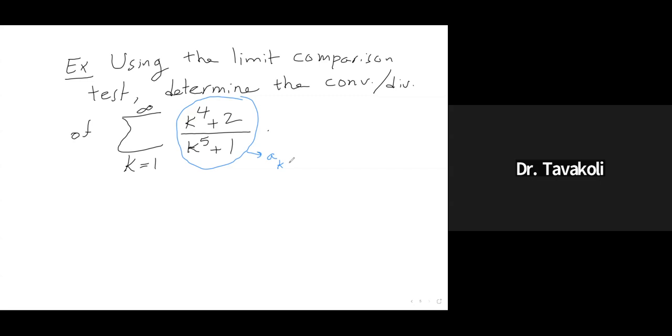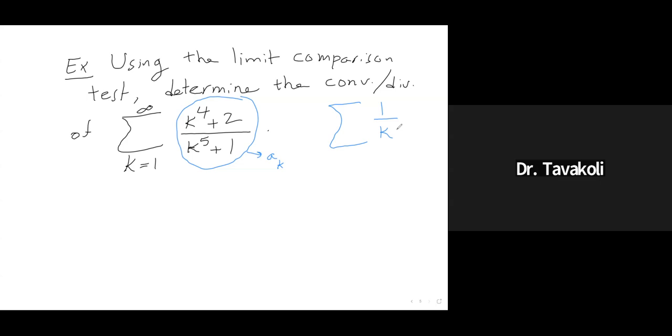Do you know any simple series where the difference of the degrees is 1, that is, the top is 1 degree less than the bottom? That is sigma of 1 over k. Why do I use 1 over k? Because the top, 1, is of degree 0, and k is of degree 1, so the difference of the degrees is 1.